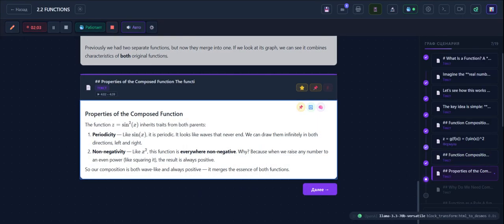Properties of composed functions. Periodicity is a property of the sine function, of periodic functions, and non-negativity is a property of squared functions.